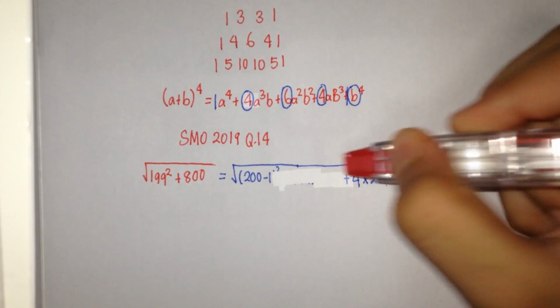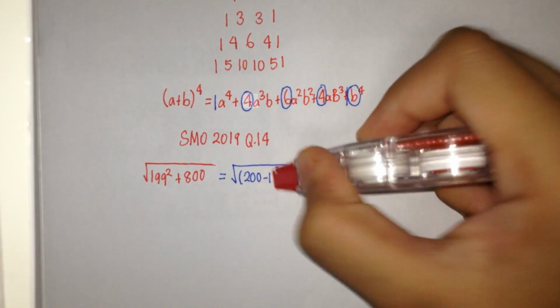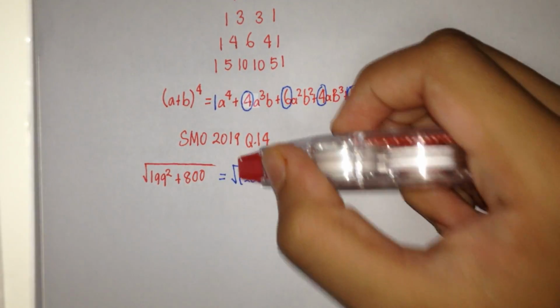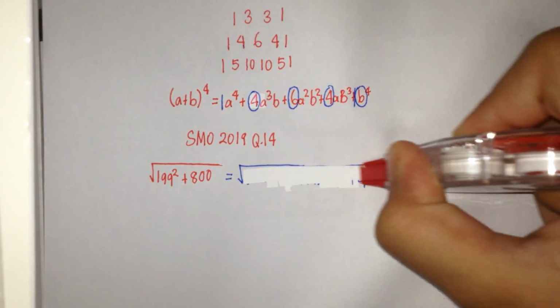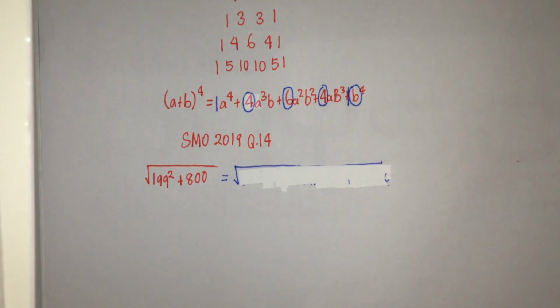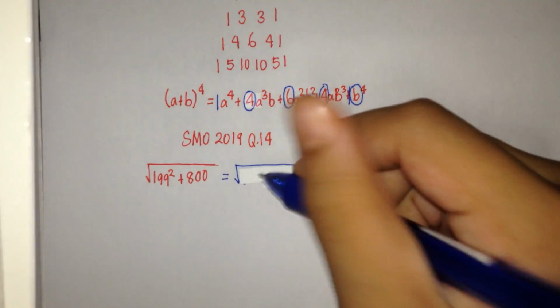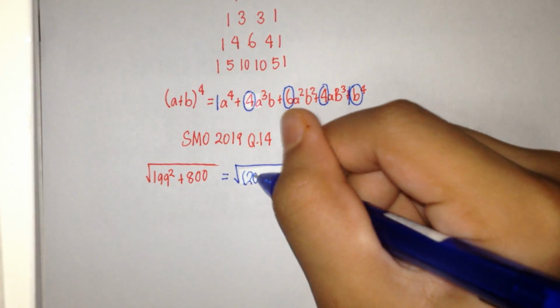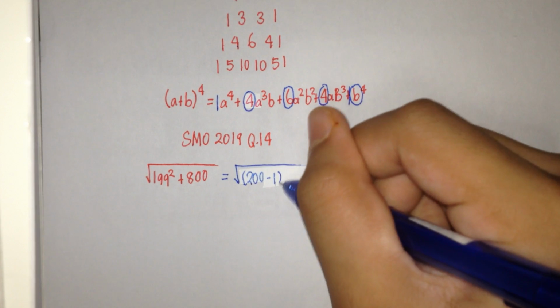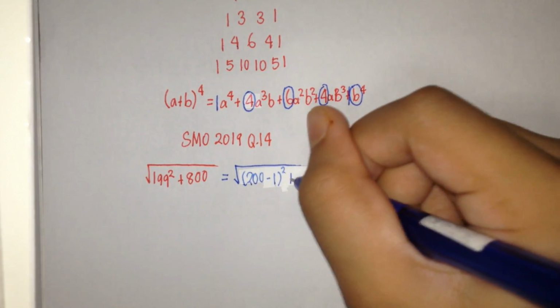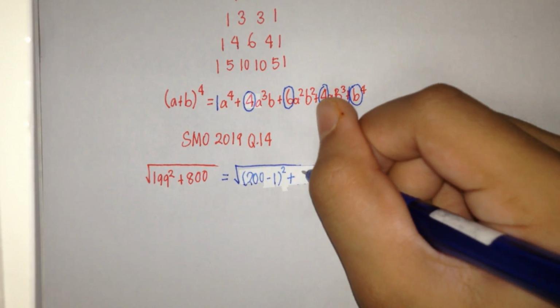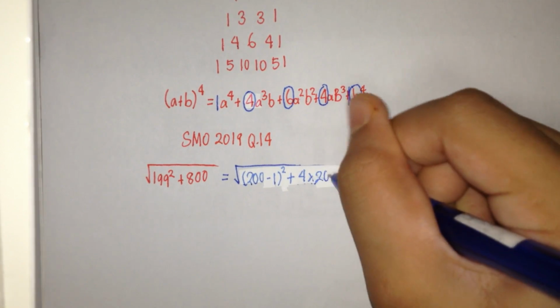Sorry for some mishaps. Now, I want to expand 200 minus 1 square plus 4 times 200.